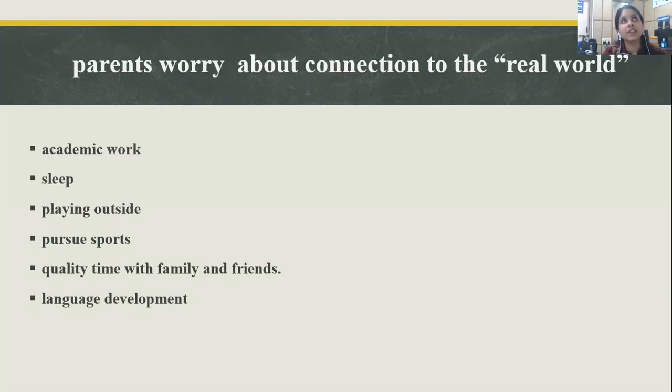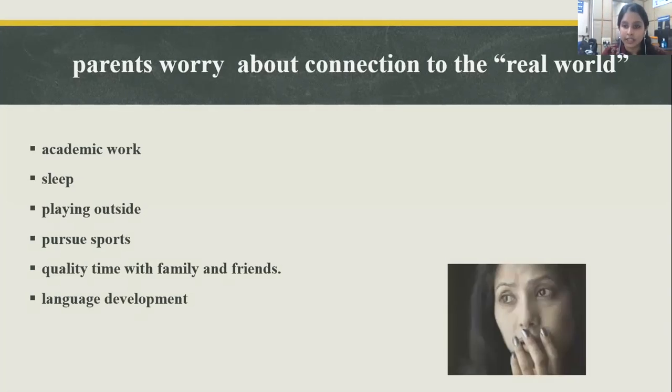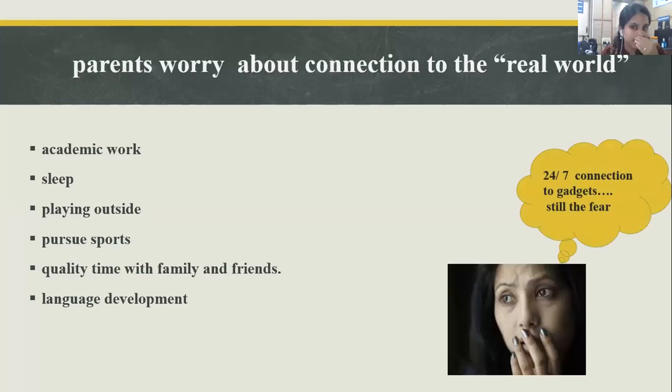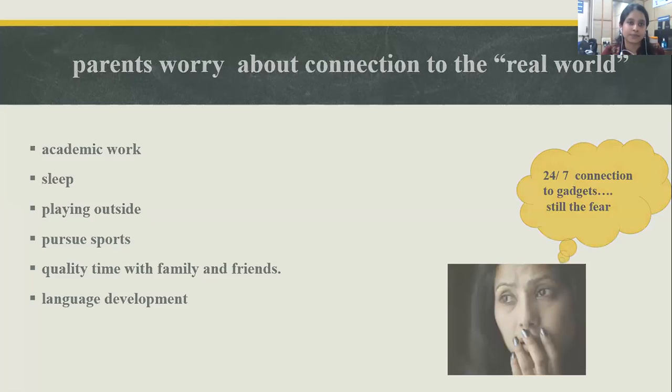By 3 years, many parents come to a speech therapist complaining that the child is not really speaking at this age. But at the same time, we notice that the child is very preoccupied with the phones. So there can be definite links, which I will be talking about. Most often their fear is that the child is going to be 24/7 connected to the gadgets.